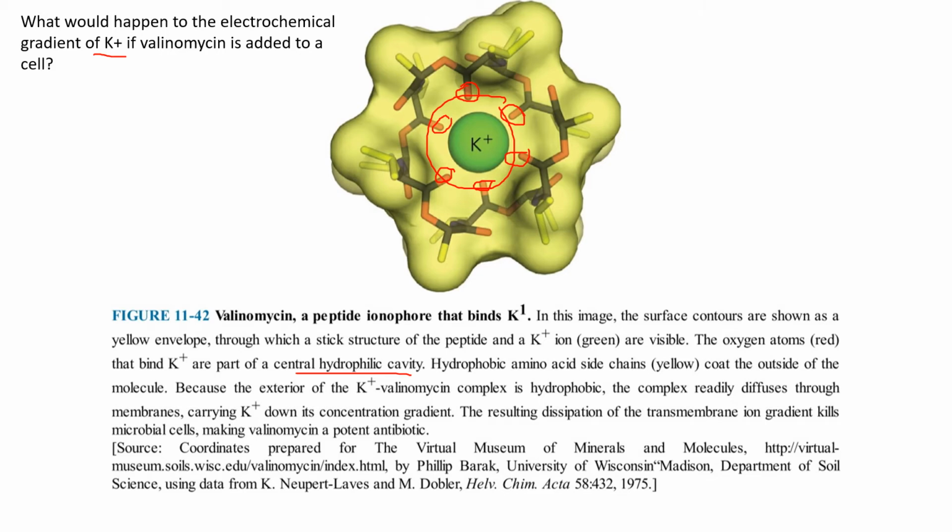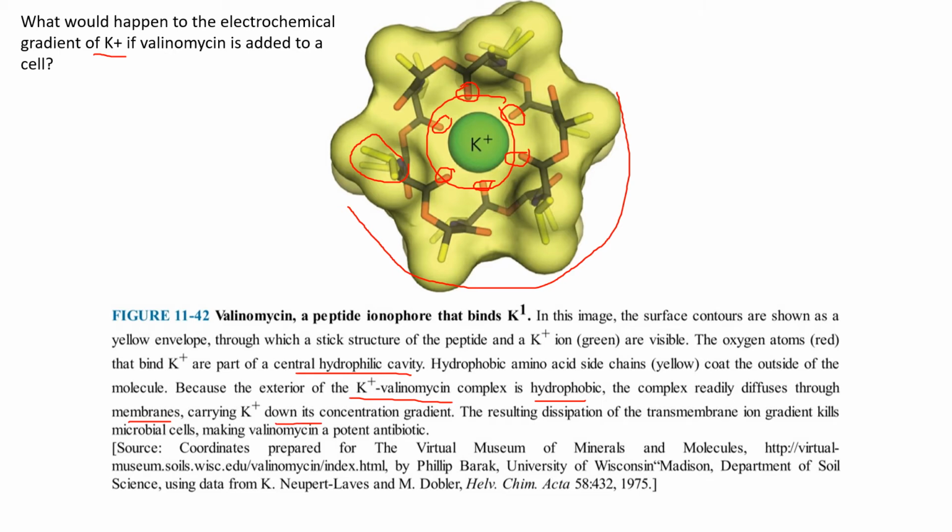Hydrophobic amino acid side chains in yellow, so these are the hydrophobic amino acid side chains. They coat the outside of the molecule because the exterior of the potassium valinomycin complex is hydrophobic. The complex readily diffuses through membranes. So because valinomycin is hydrophobic on the outside, it's able to just flow through the lipid bilayer, and it carries potassium down its concentration gradient.